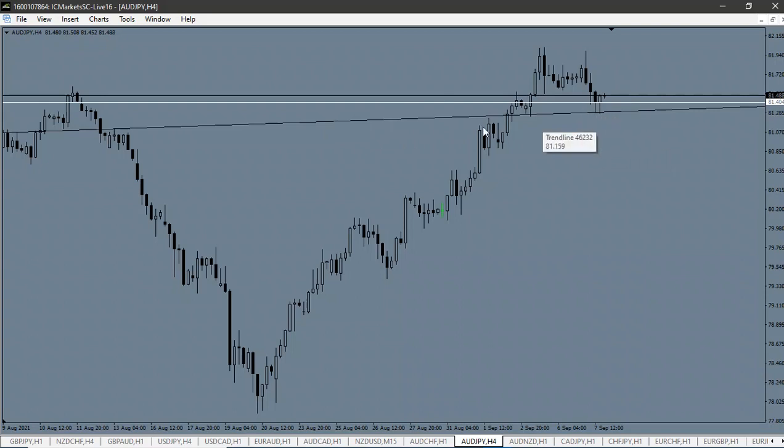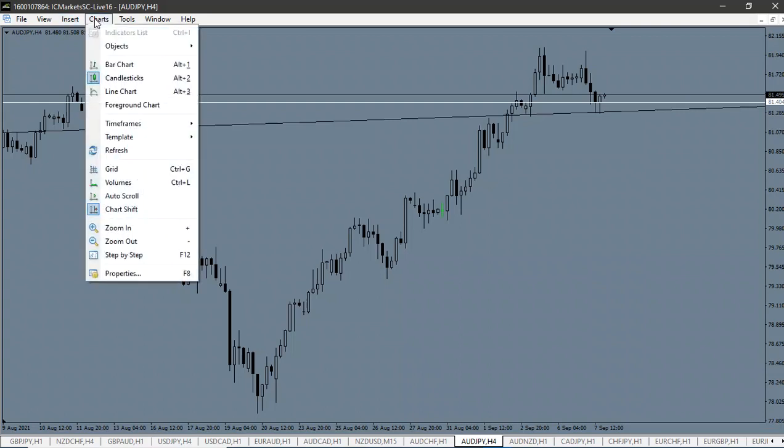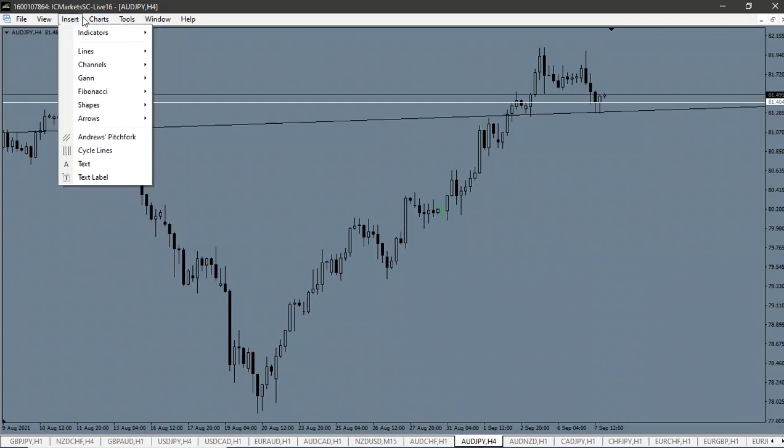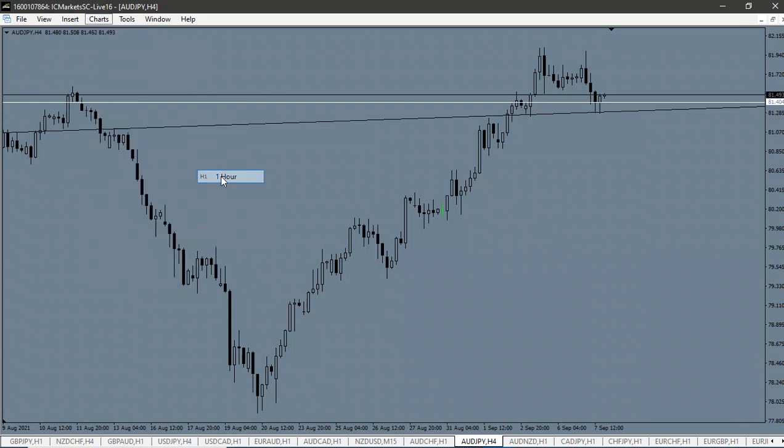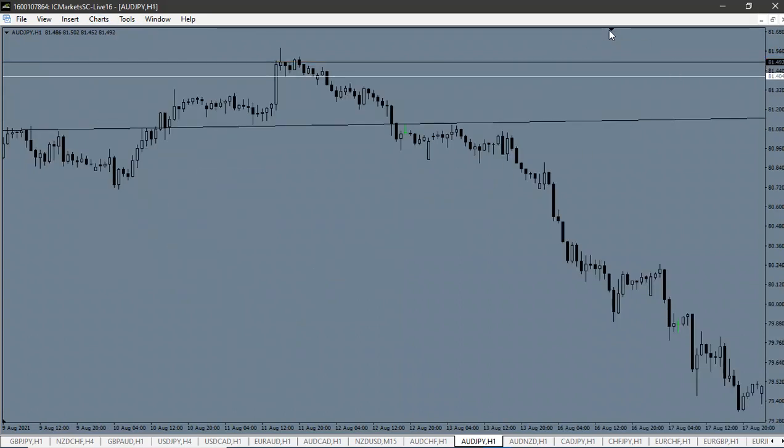This first one, the neckline, the second one, the double bottom neckline, and the bullish piercing line, which is this candlestick reversal pattern. So we know that the trade is already underway. The trade is already ready for the buys.